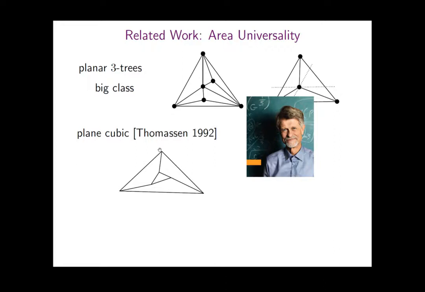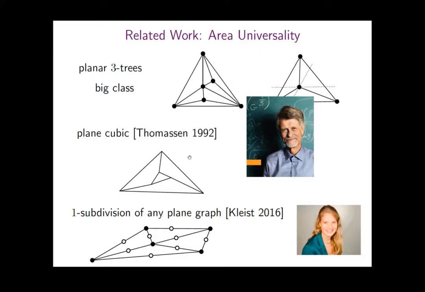Note that cubic is as sparse as you can get without having degree 2 vertices, and still it's a very hard and technical proof. Then Linda showed that one subdivision of any plane graph is also area universal. So if you have the flexibility of making a bend essentially in every edge, then you're area universal.